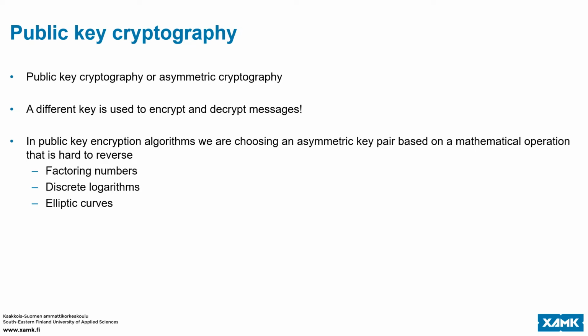These include number factorization, discrete logarithm functions, or elliptic curves. In public key cryptography, we use one of these difficult mathematical operations to establish a key pair, so one key for encrypting communications and one key for decrypting the messages.